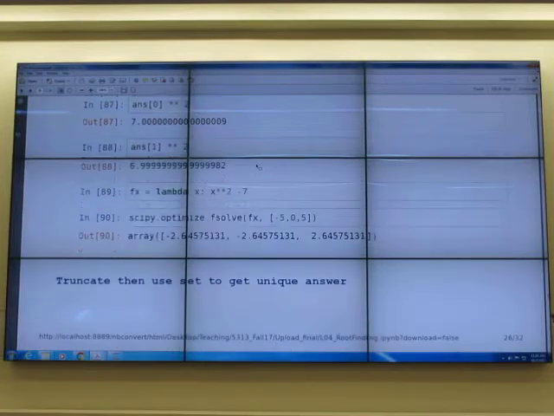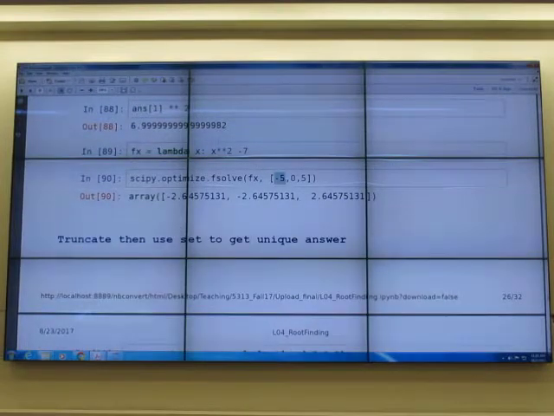But if you use fsolve by starting with different initial guesses, you get 3 different answers, but 2 of them are the same. This one and this one can be the same answer. Sometimes they are almost the same, but they are not identical. For example, the 15th or 16th digit may be a little bit different. So the very last digit may just be different because the computer has a certain accuracy.